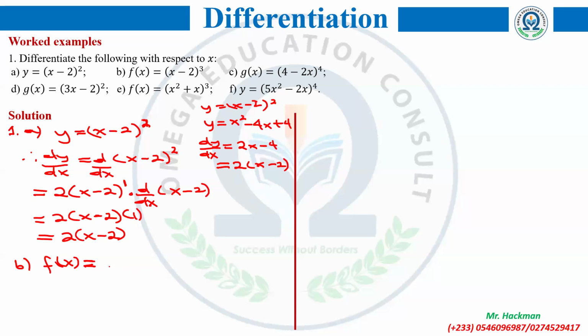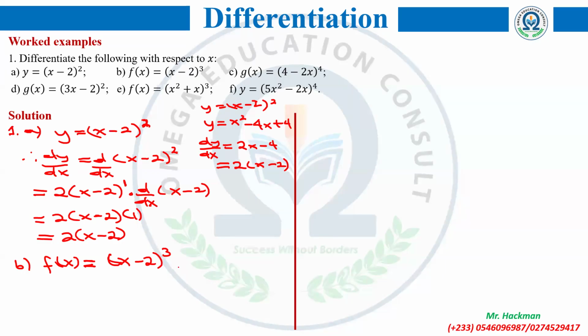So now what do we have here? That is x minus 2, cubed. Someone can choose to expand, and you can see that the bigger the power, the more work you do in your expansion. But here, I am treating this under the composite function rule, so I will never expand.